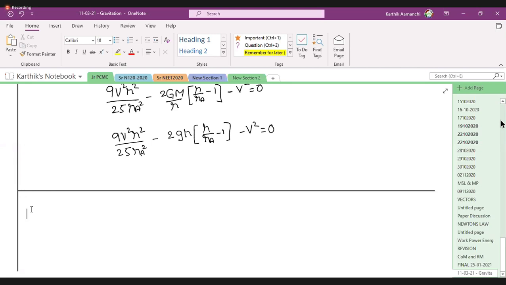Full stop. If the time period of oscillation of a simple pendulum on Earth is 2 seconds, then the period of oscillation of the same pendulum on the surface of the given planet would be.